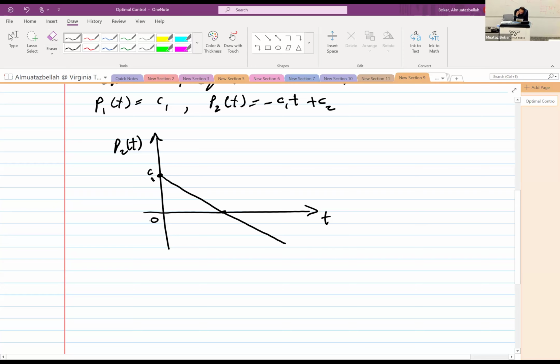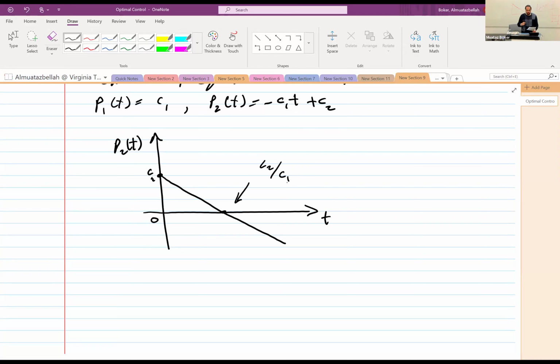So P2 crosses the 0. This is where the switching happens. And when P2 is equal to 0, that point is C2 over C1. So that point gives you the switching time.